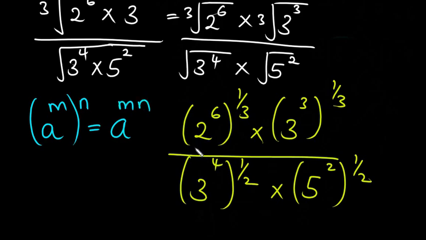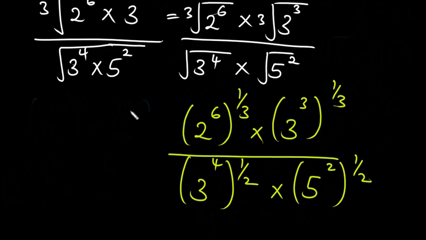Okay, so for this case, using the same law, or I can give you a simpler example. If we have 2 to power 2, and we are raising it to power 3, this is the same as having 2 raised to power 2 times 3, which is 6. So that is the one we are going to use for this case.